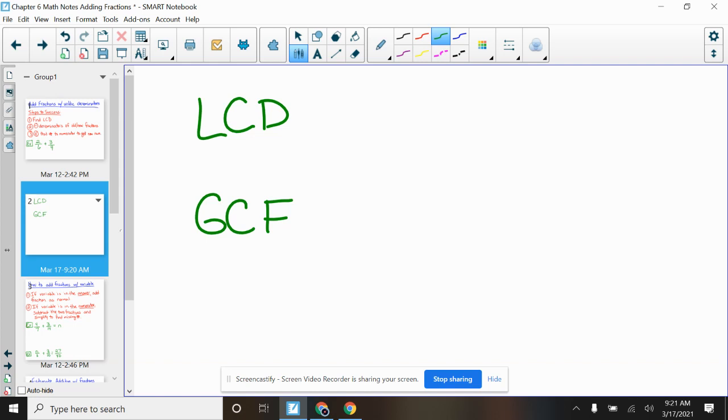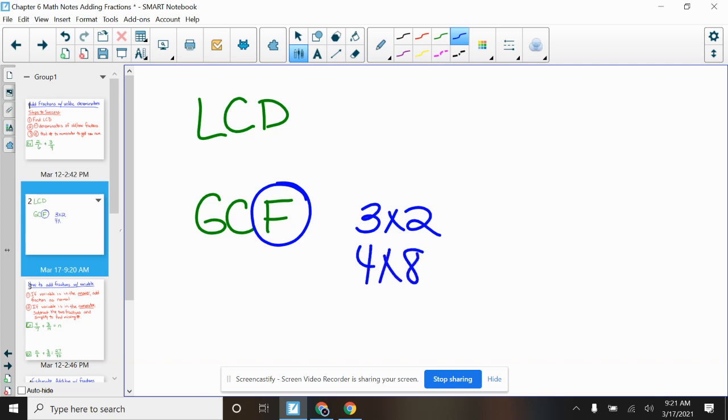For example, greatest common factor: the word factor, I wanted your brain to connect with things like multiplication facts. They're called multiplication facts because we use them when we're finding the greatest common factor, okay?